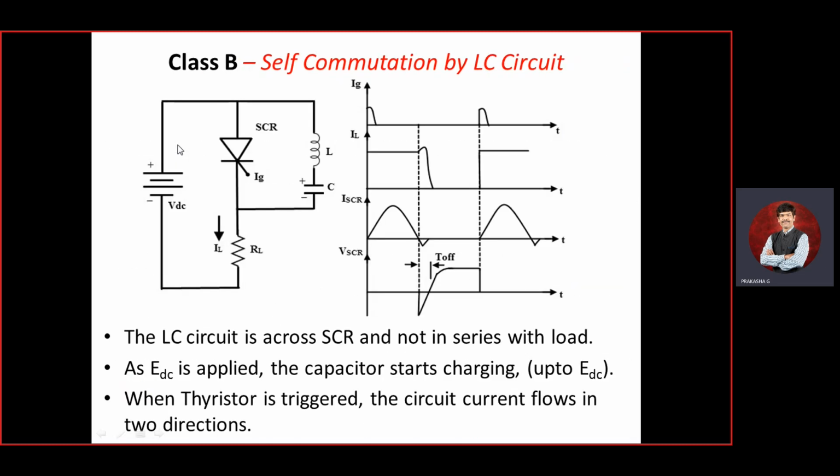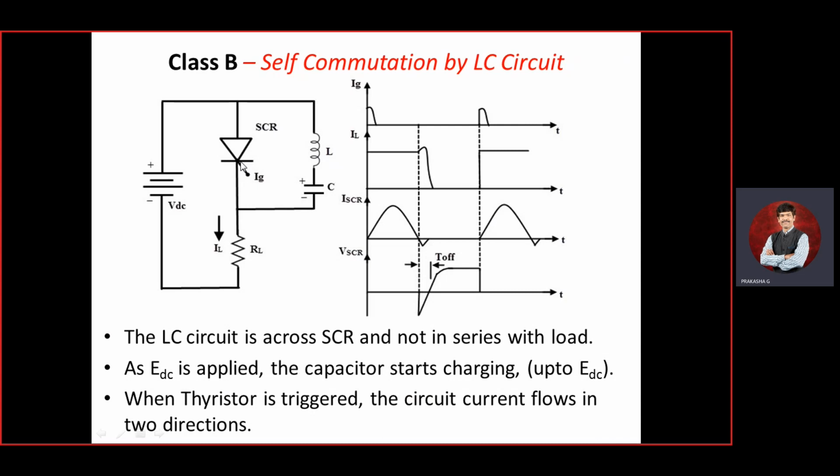But when you go for class B, L and C are in parallel with the thyristor. That is the difference between class A and class B. Class A, L and C in series with the thyristor. Class B, L and C, the inductance and capacitance, are in parallel with the thyristor.